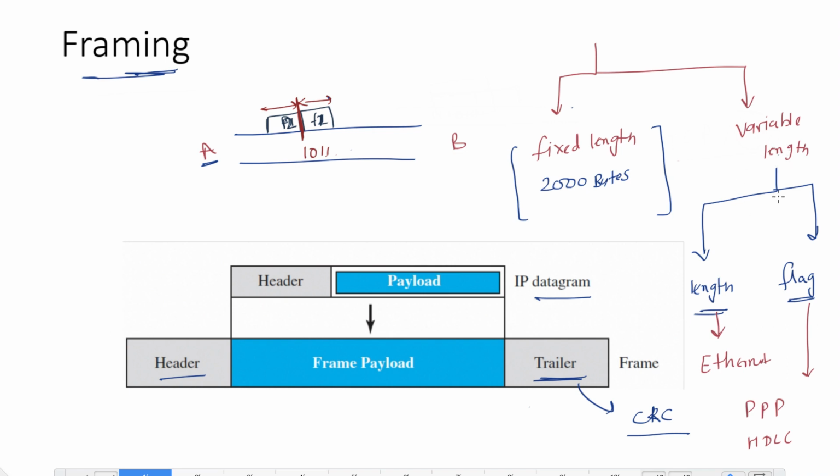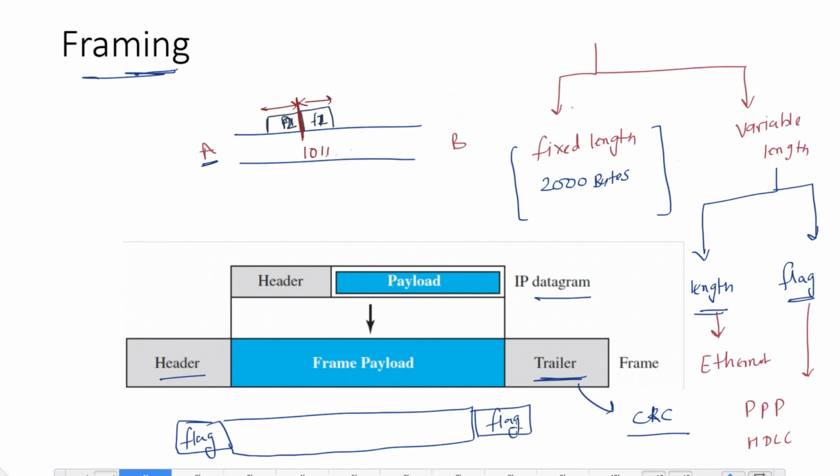So in variable length framing, what we do is somehow tell B, the receiver, either the length of the frame, which is one way to tell the start and end of the frame by conveying the length, or another way, where I will be appending something called a flag as the start of the frame, and after the frame ends I will also append the flag.